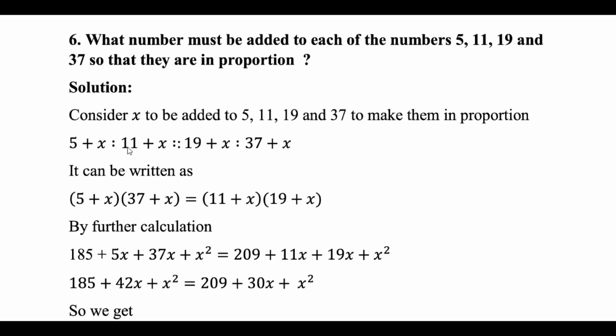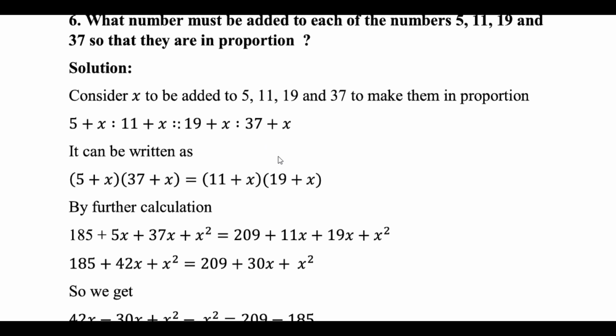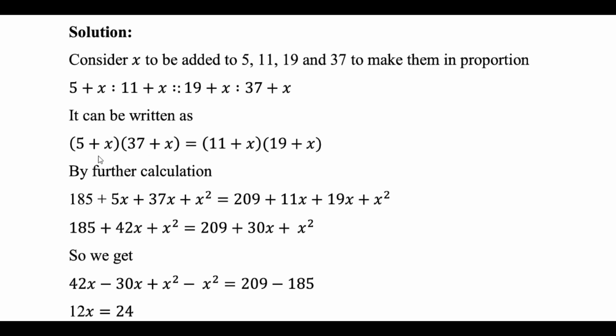So 5 plus x is to 11 plus x, equal to 19 plus x is to 37 plus x. After that we can write it in the form 5 plus x into 37 plus x, that is the cross multiplication, nothing more than that, is equal to 11 plus x into 19 plus x.